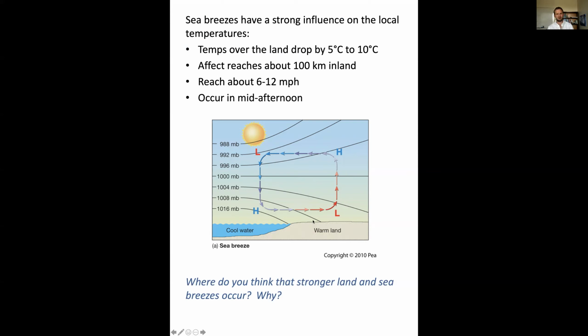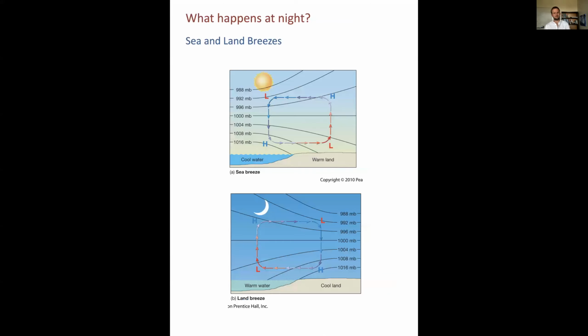So my question to you is, what do you think happens during the night? Do you think the situation remains the same, or do you think it changes? Yeah, so at night we see, as you would hopefully have thought yourself, the opposite would happen, where the water is still relatively warm and the land cools off more rapidly.